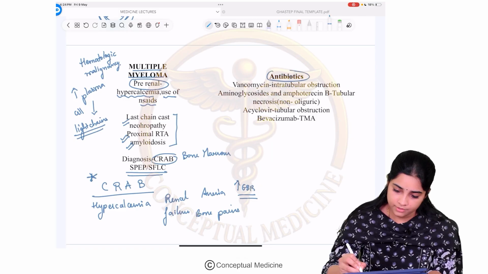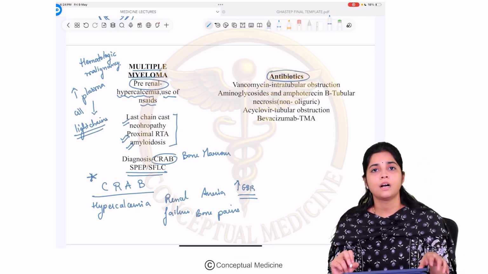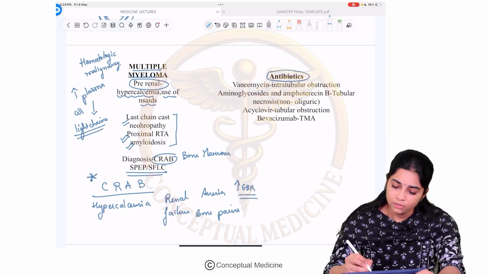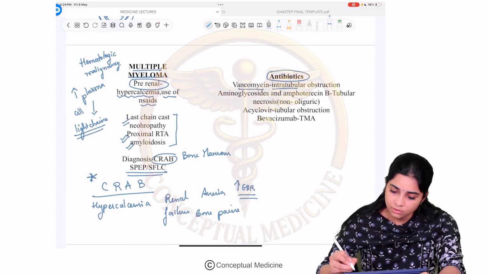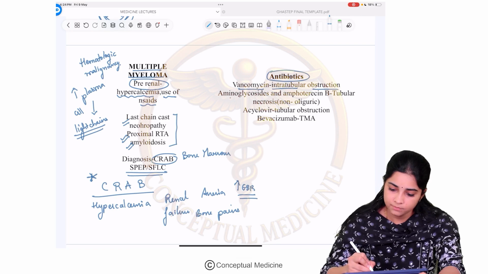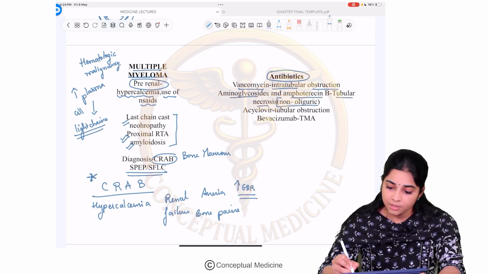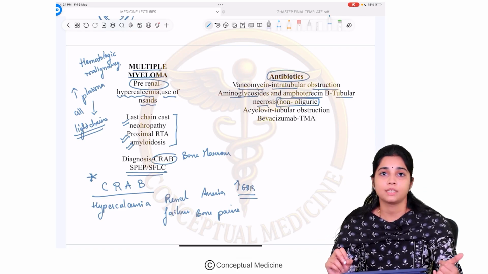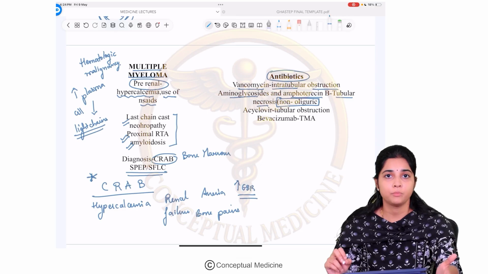Lastly, when it comes to intrinsic AKI, let us understand how different types of antibiotics cause intrinsic AKI. So vancomycin causes intratubular obstruction. Aminoglycosides and amphotericin B cause tubular necrosis. And remember that these cause tubular necrosis, so they can have hyponatremia, hypokalemia as well, and hypomagnesemia.